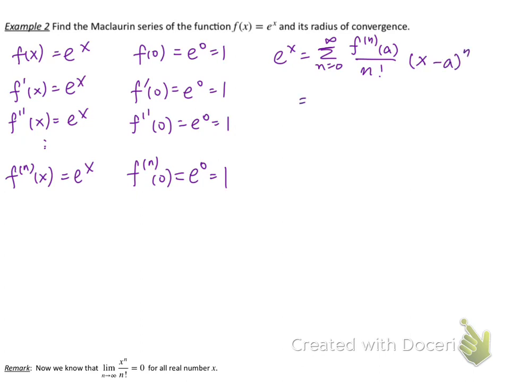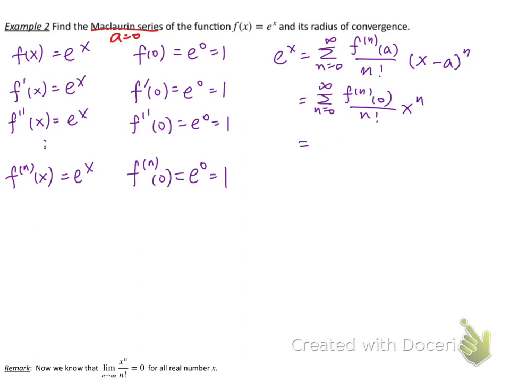And because we are doing a equals 0, it becomes the sum n from 0 to infinity of f^(n) of 0 over n factorial, x to the nth power. And as you can see from here, by observing, the nth derivative of f at 0 is just 1.